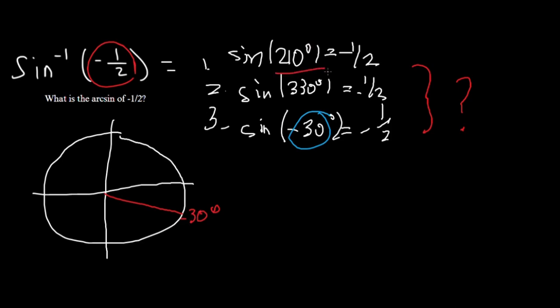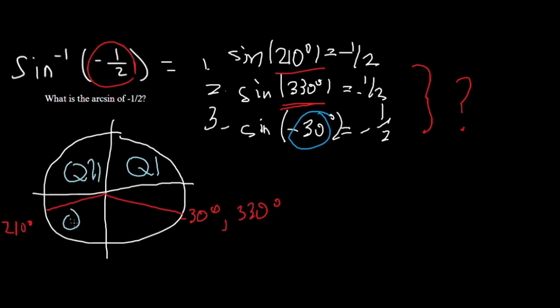Obviously, yun na yung sagot because of the range. 210 degrees is located at third quadrant. 330 degrees is located at the same as the negative 30 degrees. Dito sila sa fourth quadrant, dalawa. Quadrant 1, quadrant 2, quadrant 3, and quadrant 4.